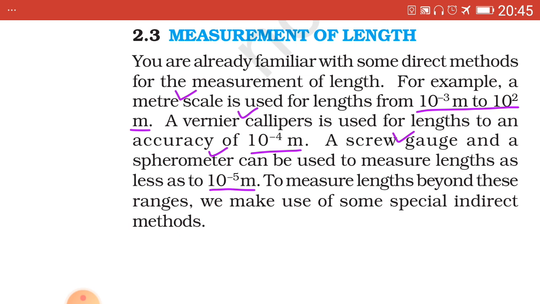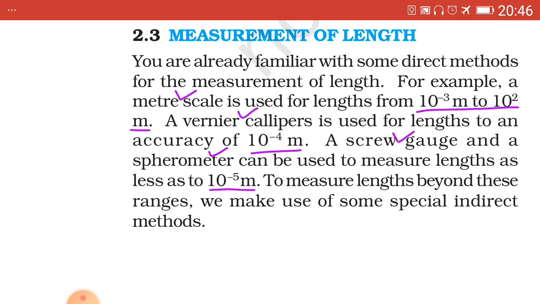Now the next example is the vernier caliper. A vernier caliper is used for lengths to an accuracy of 10 raised to minus 4 meter. Before going to how 10 raised to minus 4 meter comes, I will explain how in the case of the scale we get 10 raised to minus 3 meter.